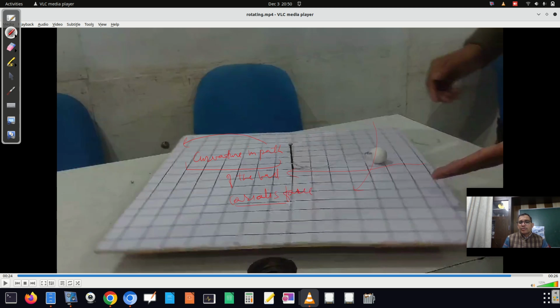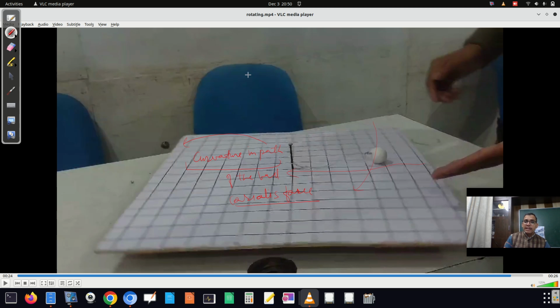So that means when a moving ball, moving with a certain velocity, enters a frame of reference that is rotating, then another force is also acting there, and this force is also a fictitious force.